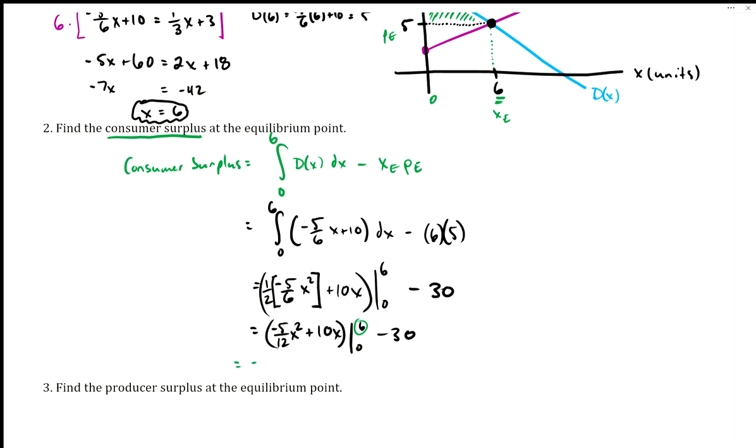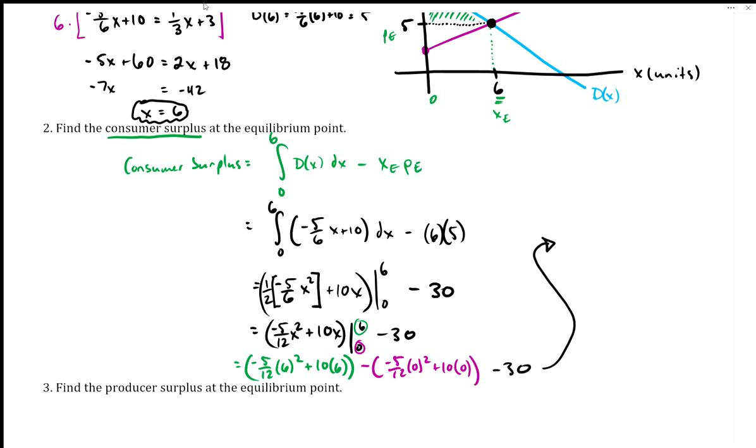So we would have negative 5/12 times 6 squared plus 10 times 6, always minus the bottom one going in, minus negative 5/12 times 0 squared plus 10 times 0. And then still just minus 30, just don't want to lose track of it. I wrote a little big, so we'll have to write our simplified thing over here.